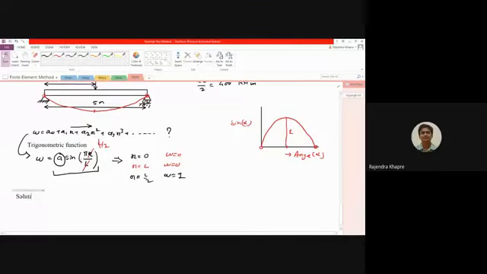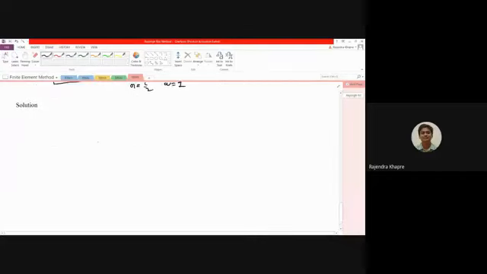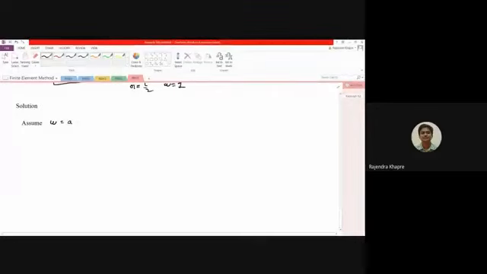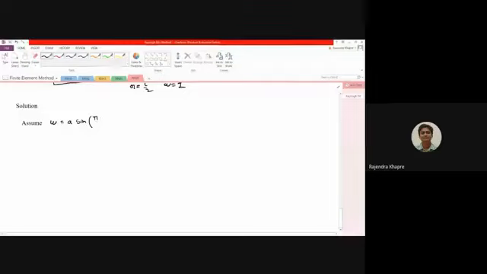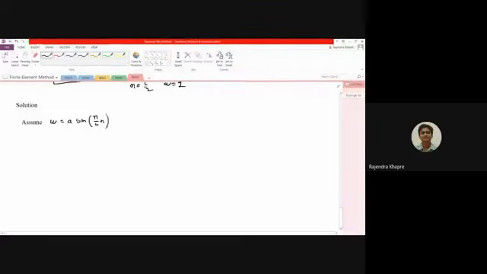For the solution purpose, first thing we have to do is assume the value of w as the same one which I just explained, that is A into sine of pi upon L into x. So this I am assuming over here.